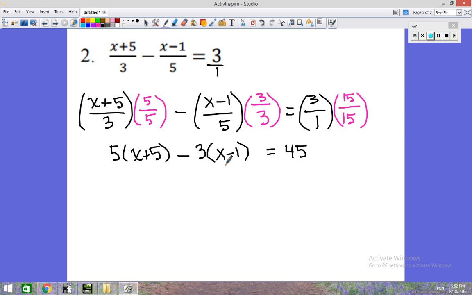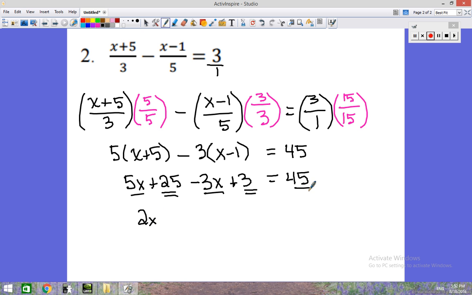So let's distribute: 5x plus 25, and distribute, and at the same time try not to make sign errors. All right, we have like terms there and there. That's a 2x. We have all of these constants that we want to build on the right-hand side.